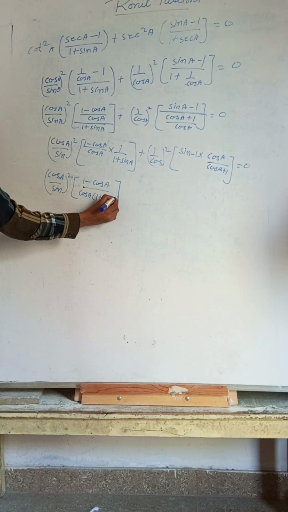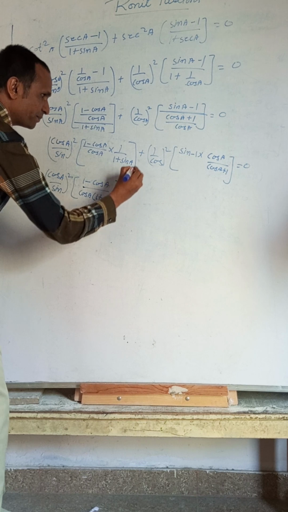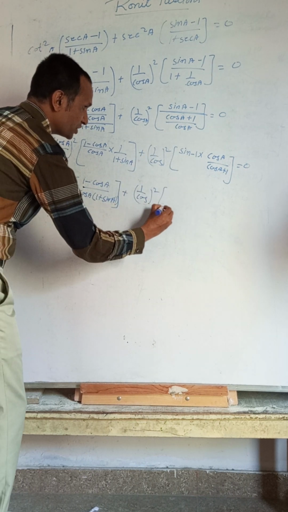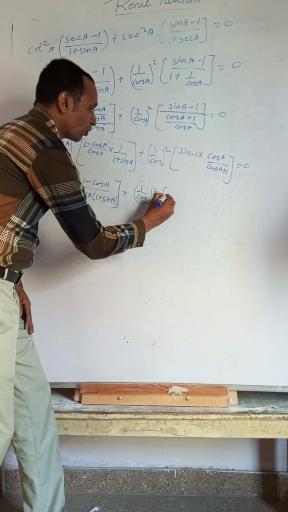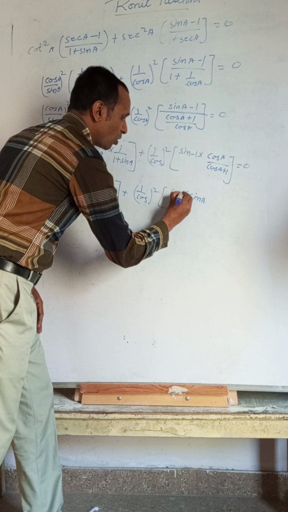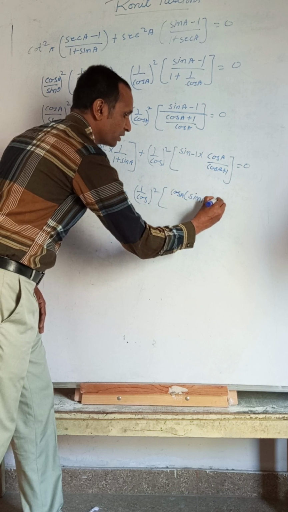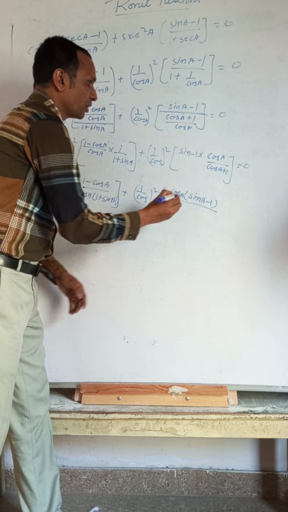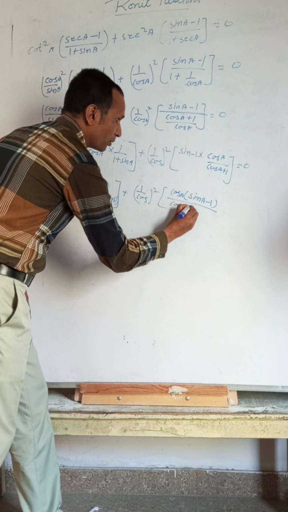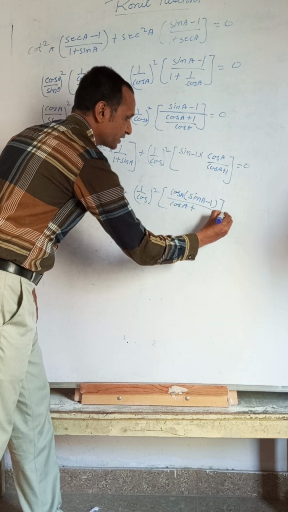Plus is there, plus kept, 1 by cos square, square kept. This one we can write in this form: cos A into sin A minus 1, whole divided by whole. This one upside multiplication, downside cos A plus 1, and it is equal to 0.